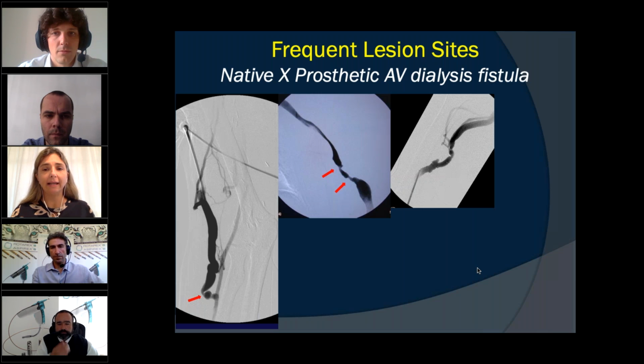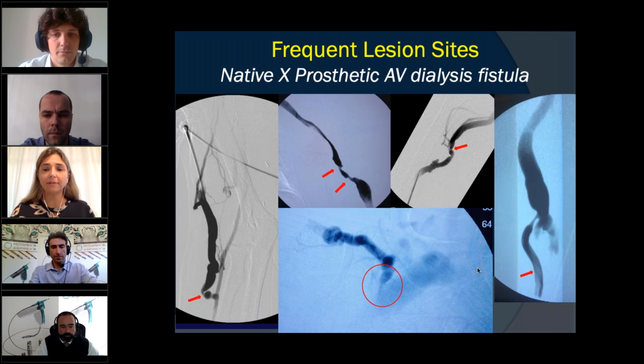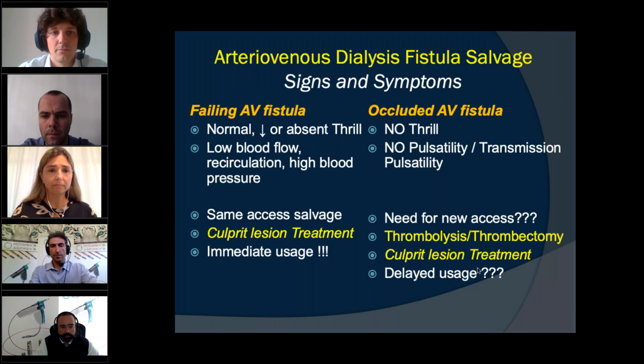For basilic brachial fistulas, we can also have the ones at the transition from the basilic to the axillary vein. We also have the cephalic arch lesions. And for prosthetic grafts, we have the venous anastomosis site.